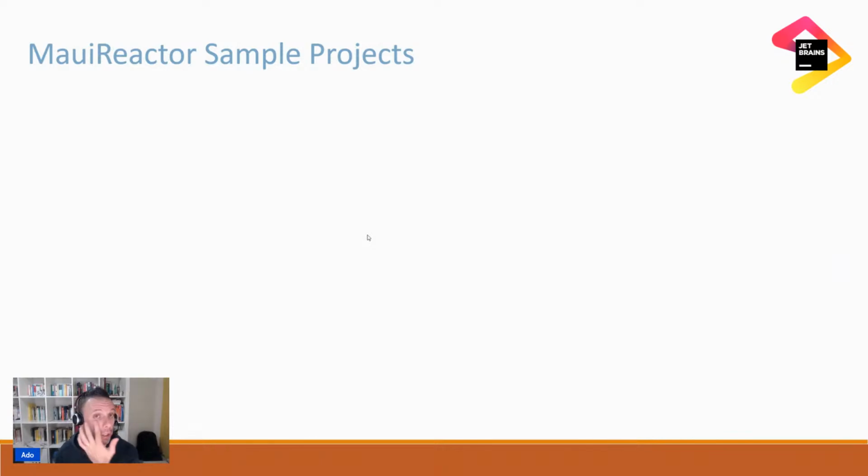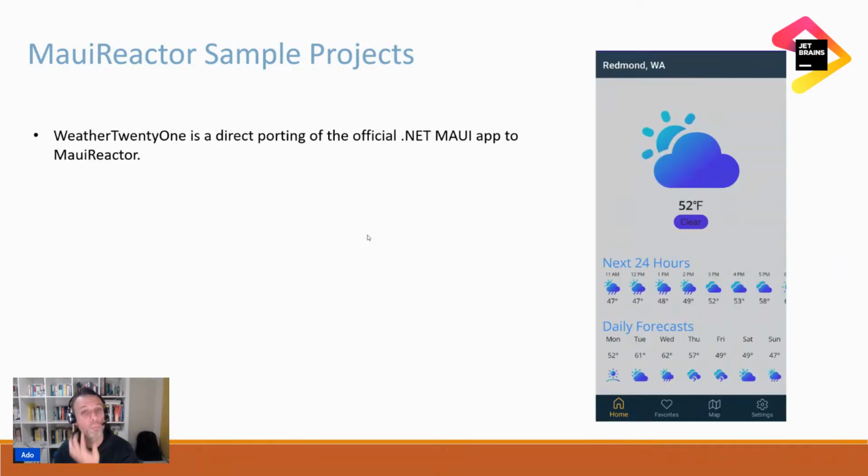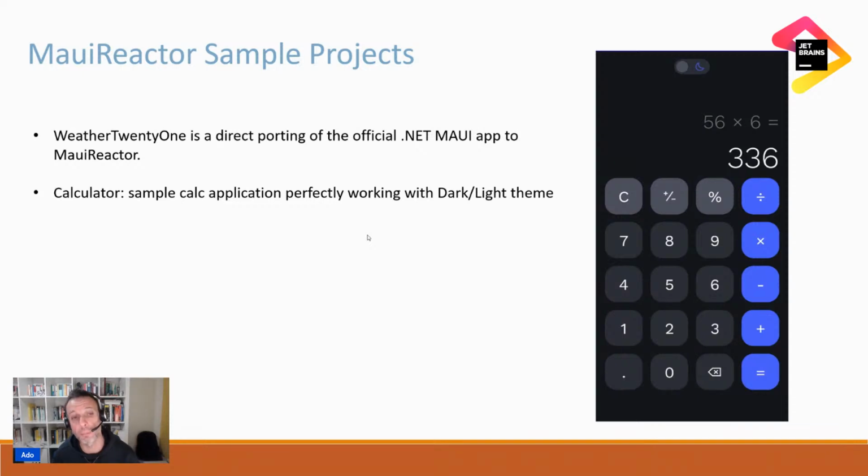The MauiReactor repository on GitHub has a lot of sample projects that you can look around. There is the Weather 21 app, which is a direct port of the official .NET MAUI app to MauiReactor. You have a calculator sample application that works perfectly and also features a really great dark and light theme.